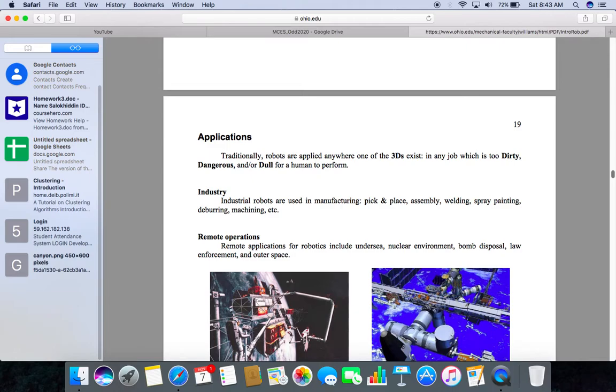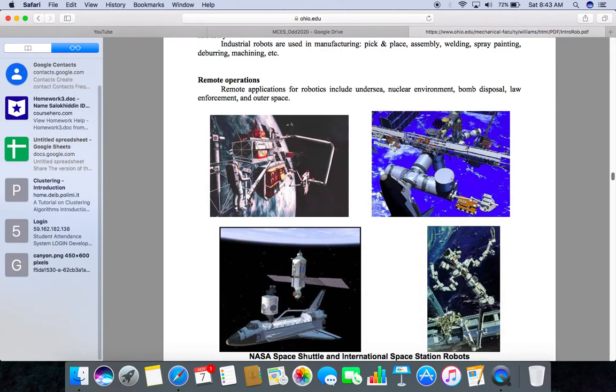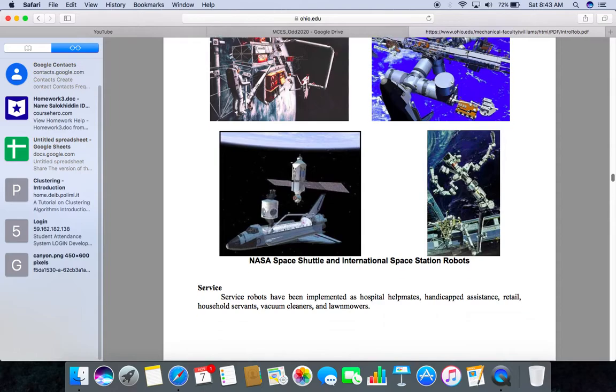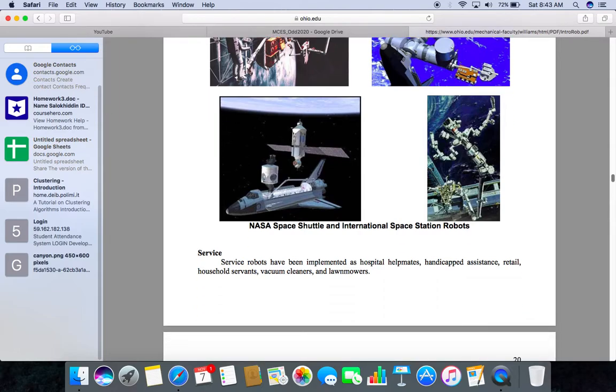Remote applications for robotics include undersea, nuclear environment, bomb disposal, law enforcement, and outer space. These are the examples. Services. Service robots have been employed as hospital helpmates, handicapped assistants, retail, household servants, vacuum cleaners, and lawn mowers.